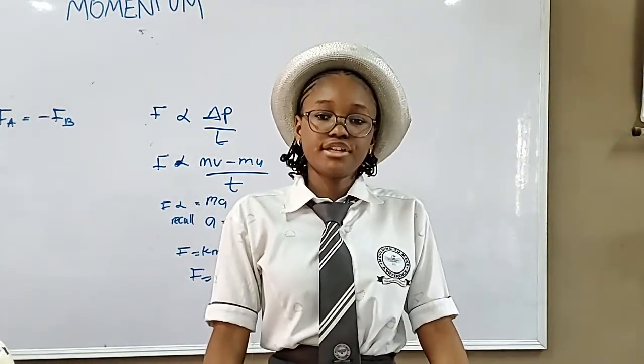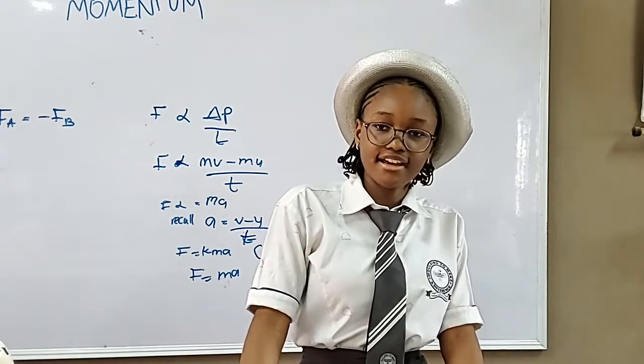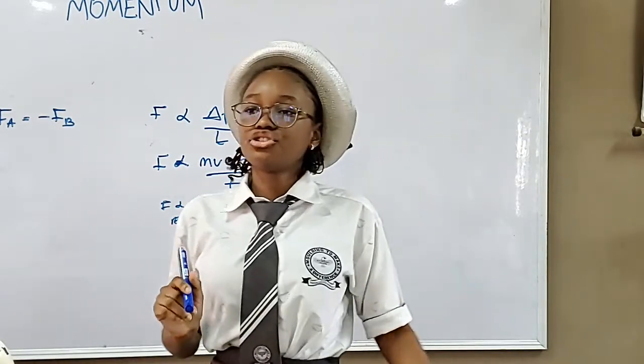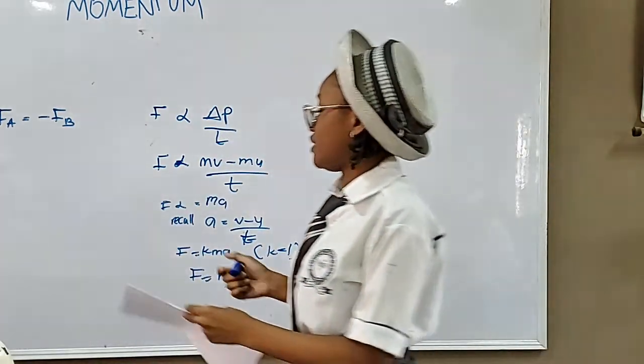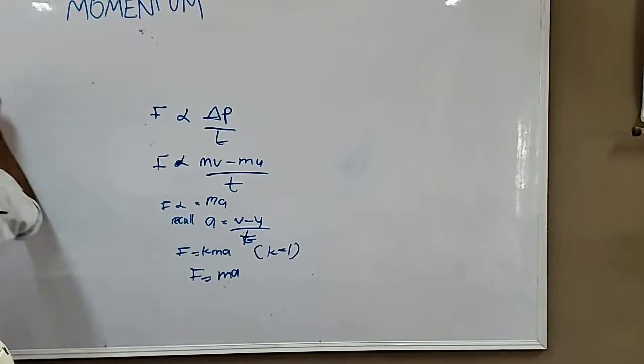Now we go to collision. There are two types of collision: elastic and inelastic. In elastic collision, the momentum and the kinetic energy are preserved, and two formulas can be written from that.